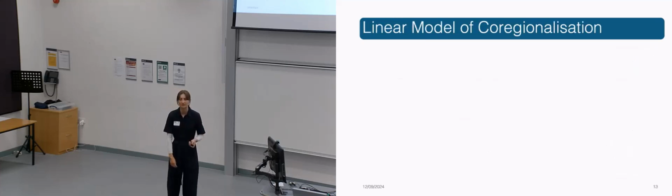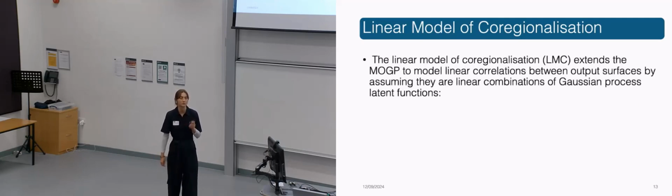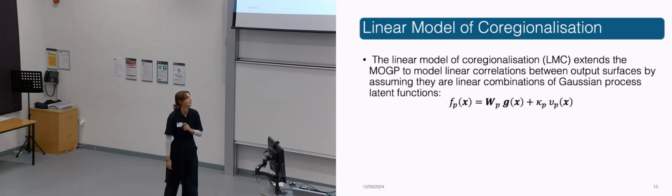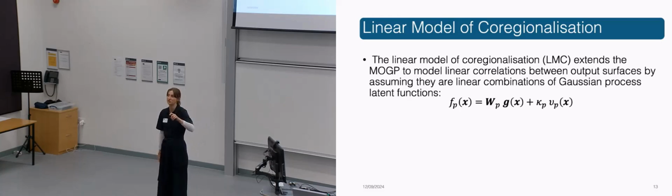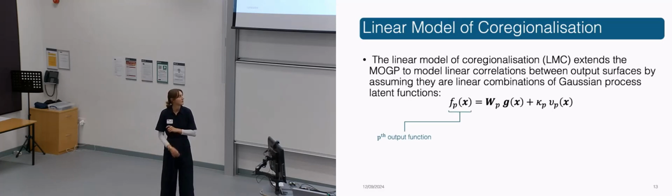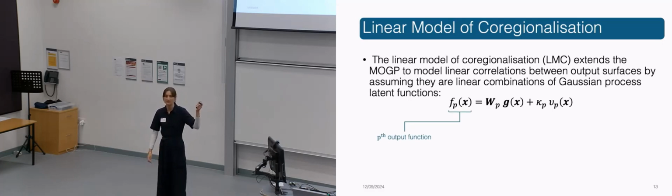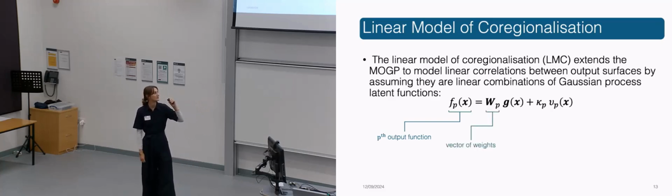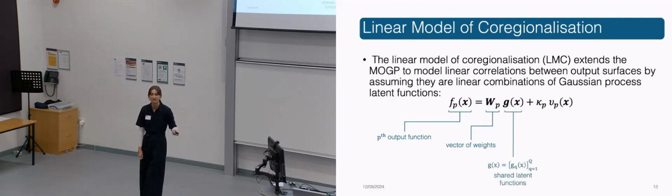The next one is the linear model of co-regionalization, which again I think was covered yesterday. Essentially this assumes that all your output functions are a linear combination of a small number of latent functions. So say we have P output functions, then our P-th output function is a linear weight of some latent functions.